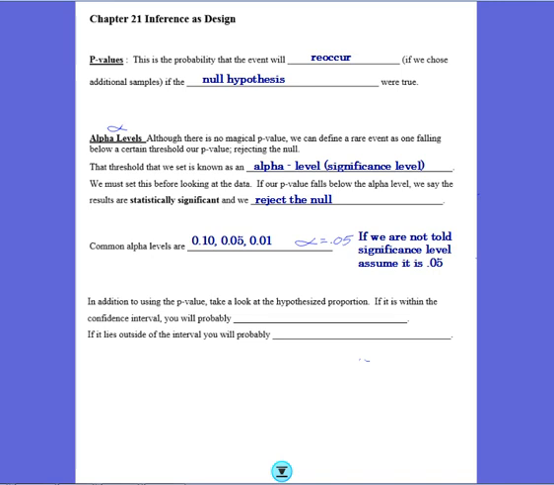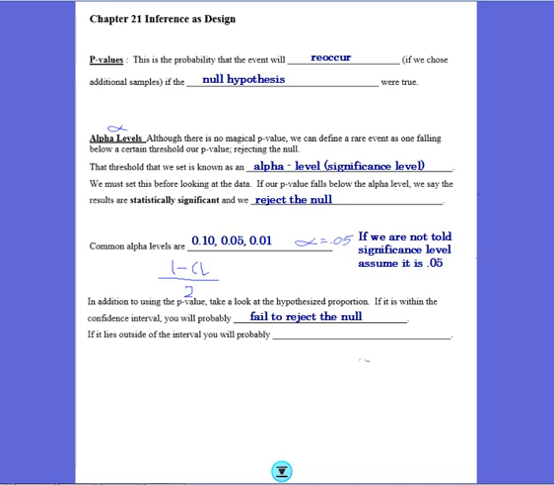One way to calculate the alpha level is if they give you a confidence level, say 95%, you would do 1 minus the confidence level and then divide that by 2, and that would give you the alpha level.